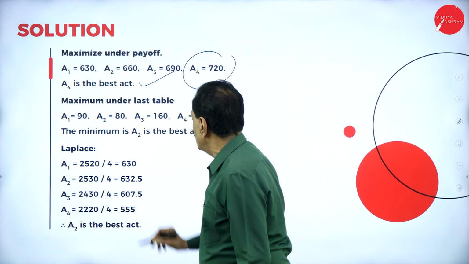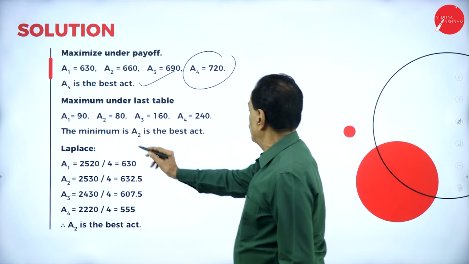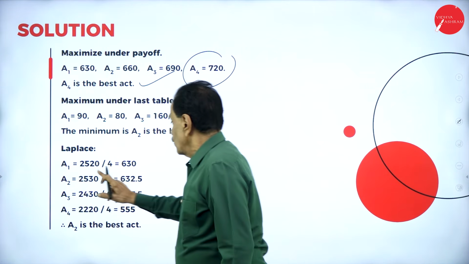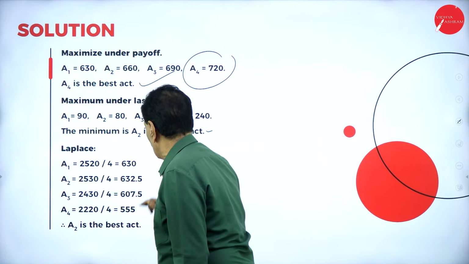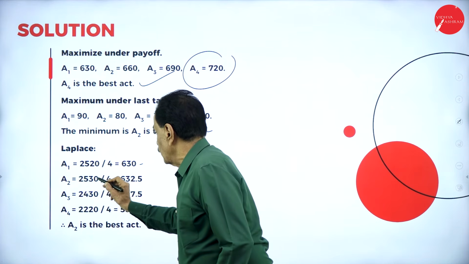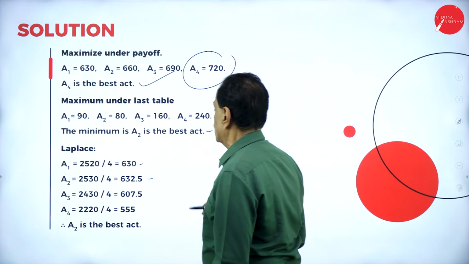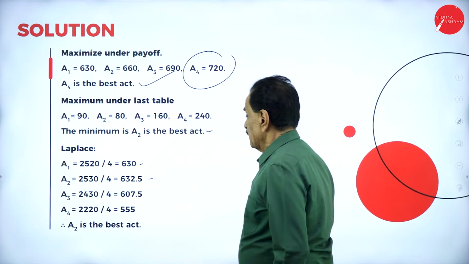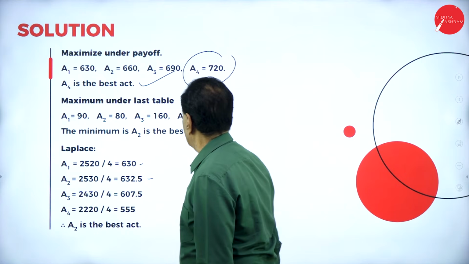The minimum is A2. A2 is the best act. Laplace: 2520 divided by 4, 630. A2, 2530 divided by 4, 632.5. Which is the highest one? A2 is the best act.